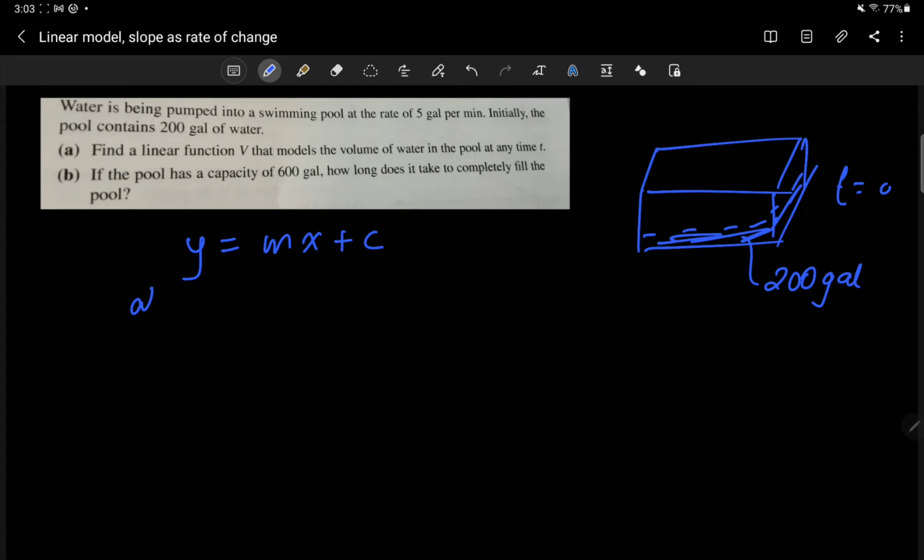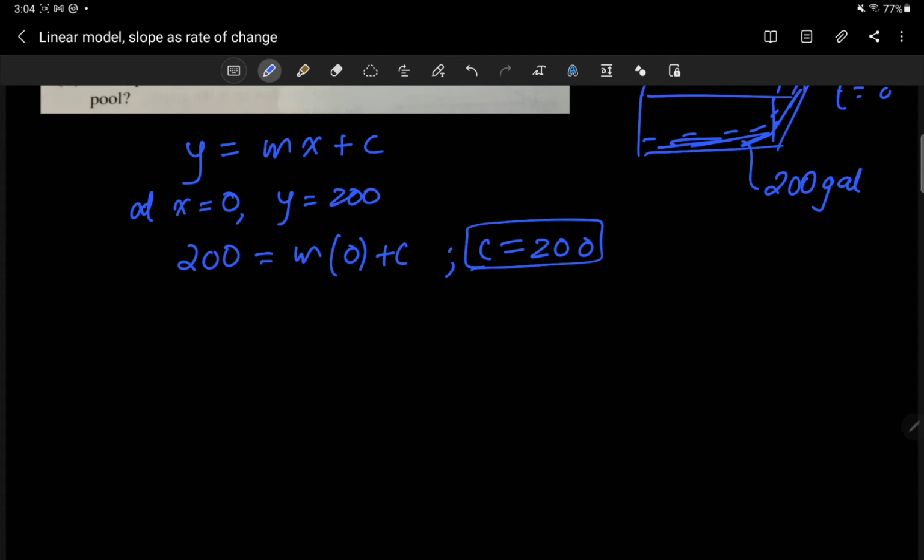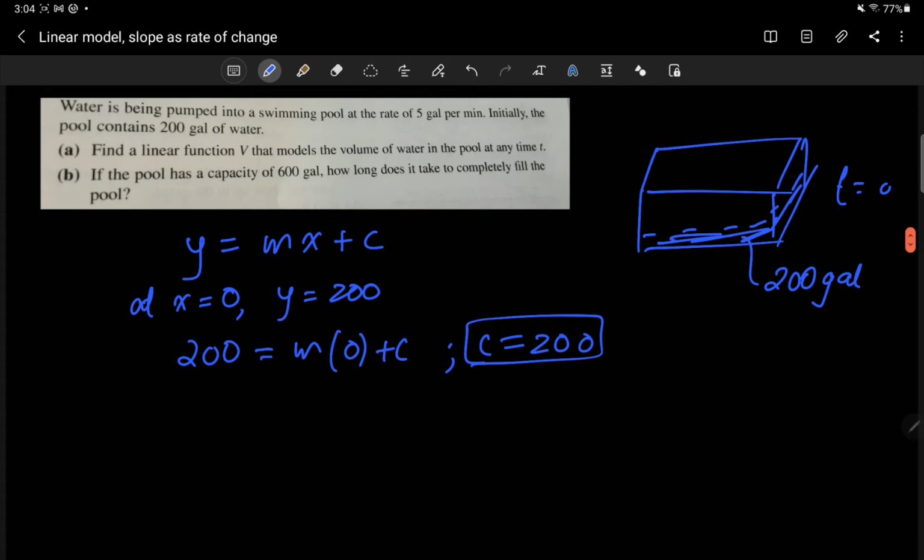And we know that at x equals 0, y is 200 gallons. So plugging that in, y is 200 here, is m times 0 plus c, therefore c is 200. So I have that part down.